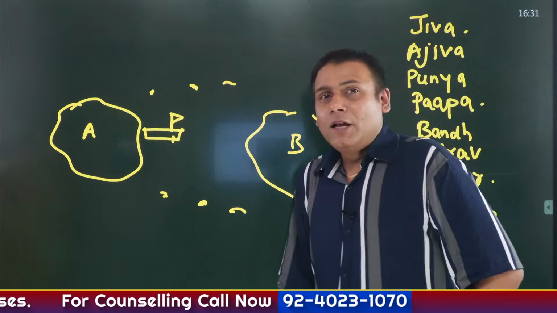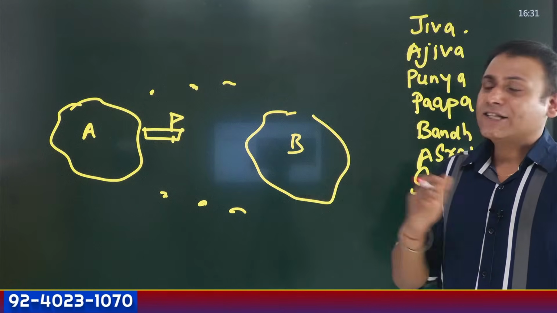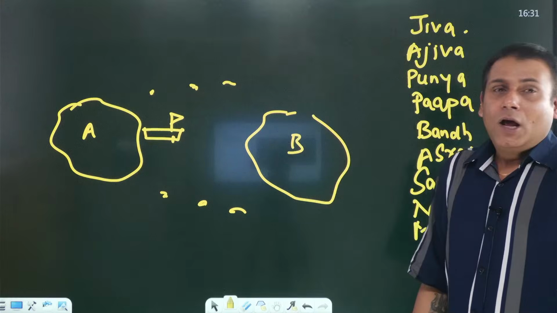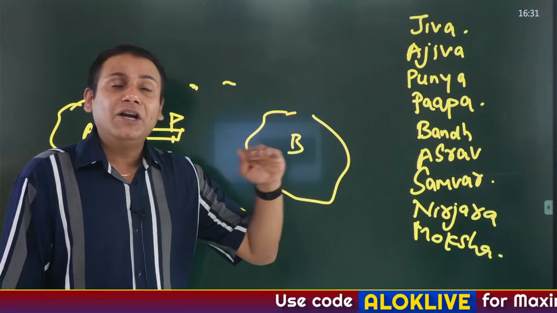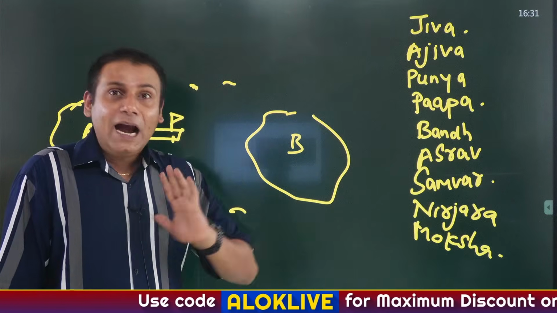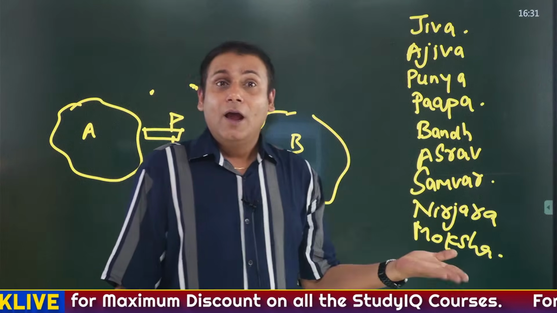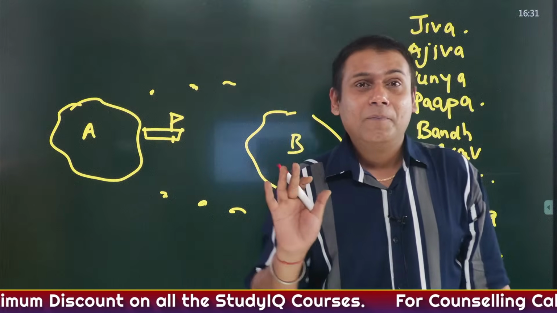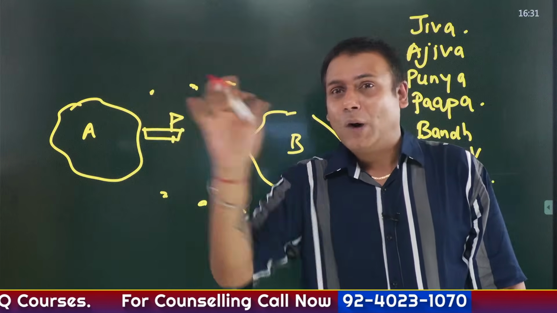Initially you ignore that. You start your journey and move towards island B. As soon as you reach midway, you realize that water has entered the boat. And if you do not remove that water, the entire boat will capsize. And probably you can even drown. Now, let's correlate this philosophy to the 9 Tattvas.